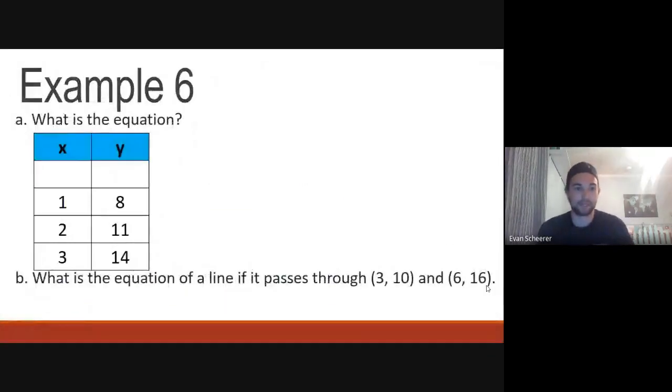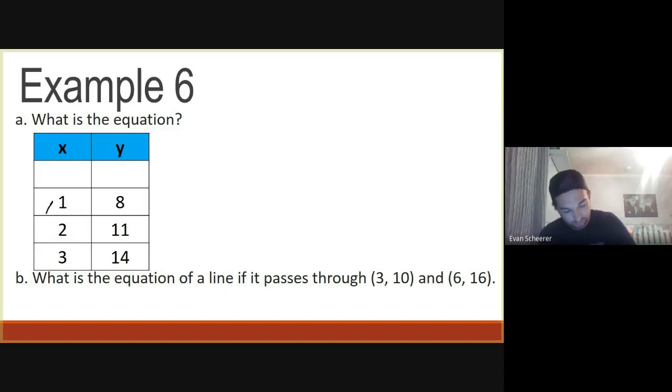All right, I think this might be the last example. We want to find out what the equation is. So here, what is the equation? Well, first, notice x is consistent. It goes from 1 to 2 to 3, that's plus 1, plus 1. Notice the y is consistent, plus 3, plus 3.